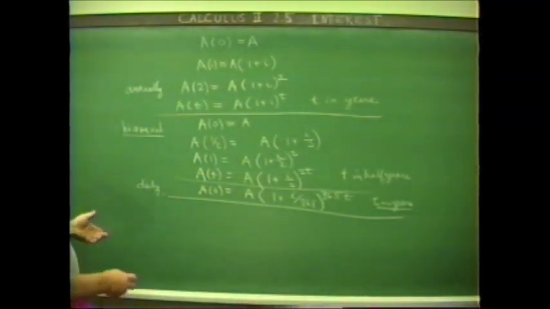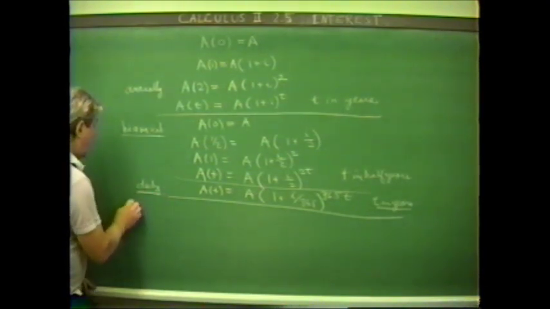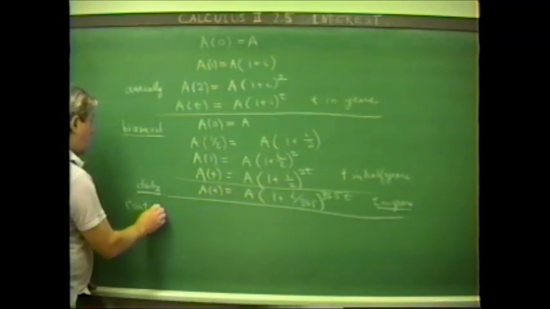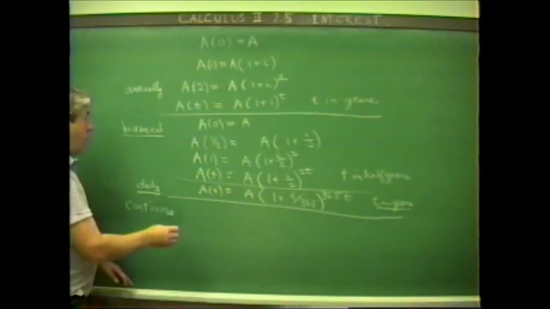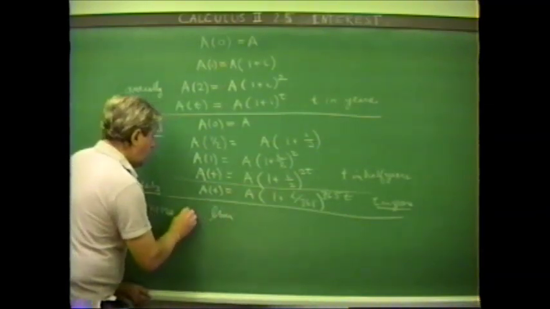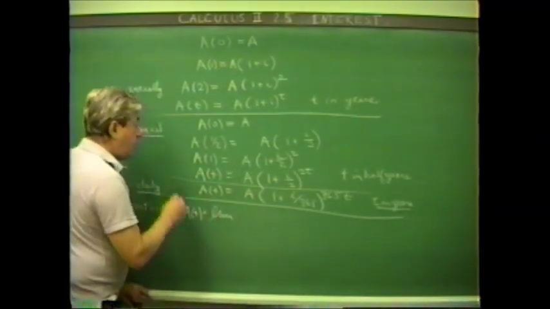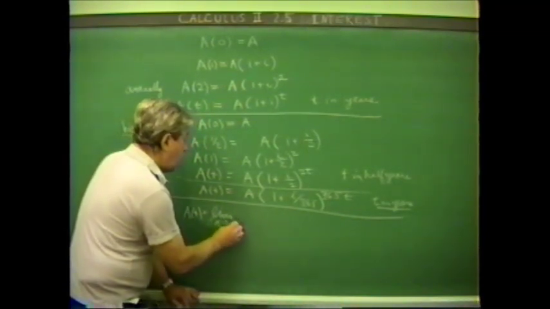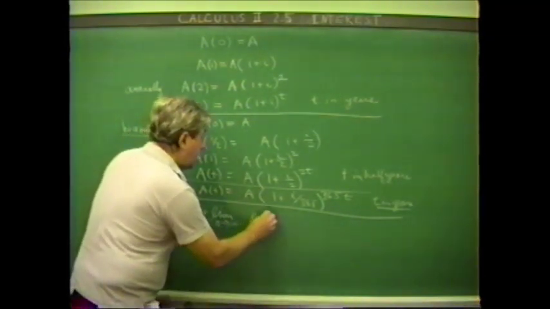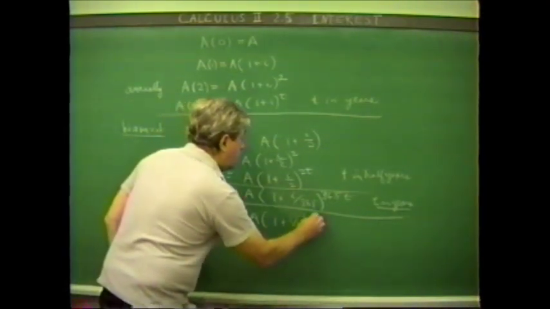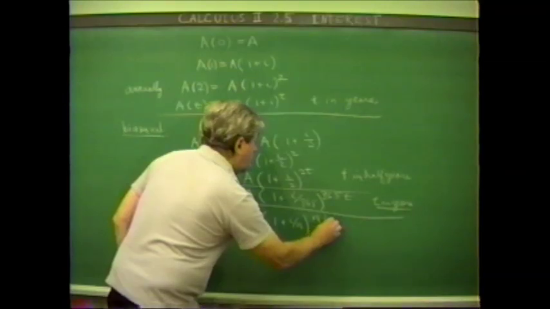Another question is, what would happen if we wanted to do this continuously, every second, every part of a second? What we want to do is take the limit. Define A of t to be equal to the limit as n approaches infinity of A times (1 plus i over n) to the nt power.